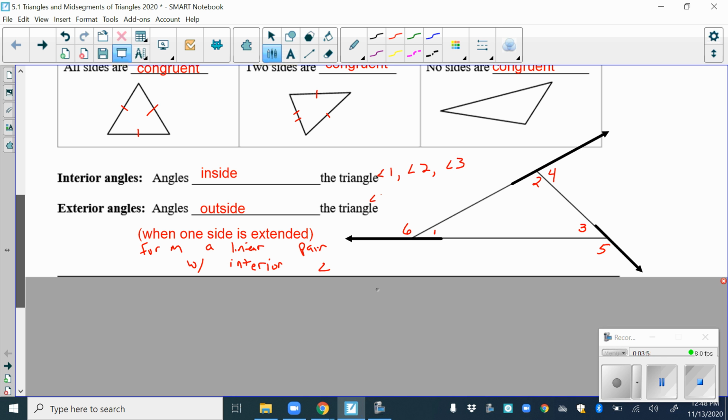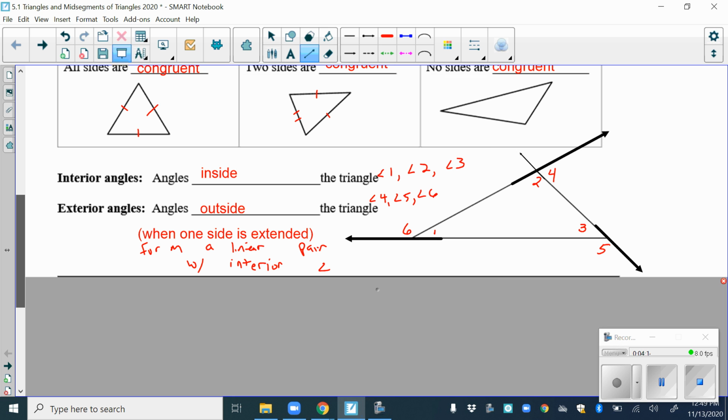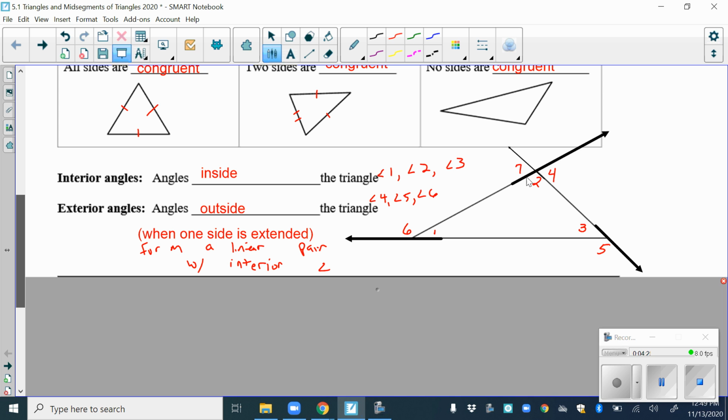So angle 4, angle 5, and angle 6 are all exterior angles. And it doesn't matter which way you extend that side. For instance, I could make it go this direction. And the angle right here, I can call that angle 7. It's also an exterior angle because it forms a linear pair with angle 2.